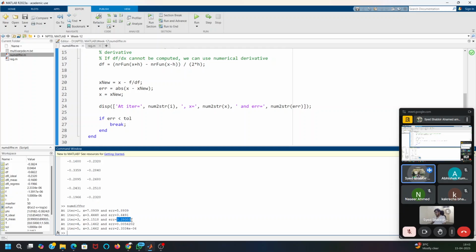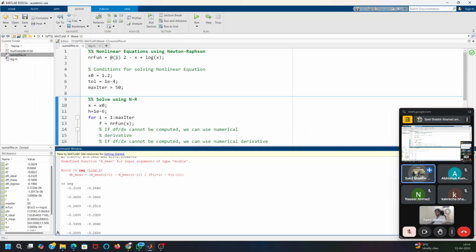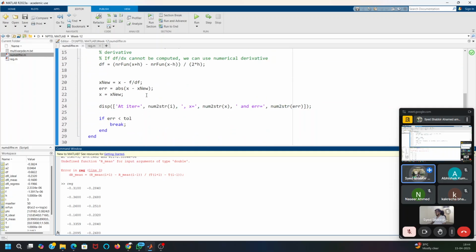Then in the next iteration, using this value as x, the new value we get is 3.1518, and this error is reduced. You can see these values are getting closer and closer, and our error is getting reduced. Now our error is less than the tolerance which we have taken. So this we can take as the solution of our problem, which is 2 minus x plus log x.